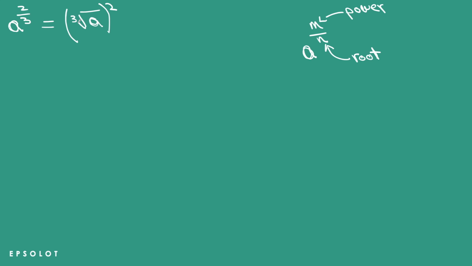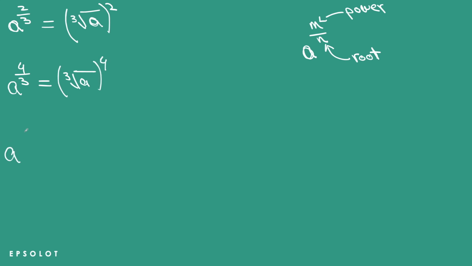That means you are finding the cube root of a, and then you need to raise it to the power of 2. Let's say we had 4 divided by 3, then again we have the cube root, to the power of 4.